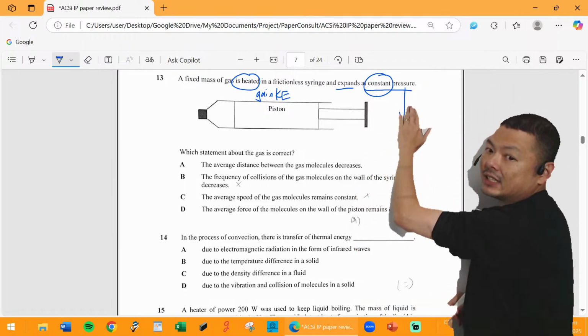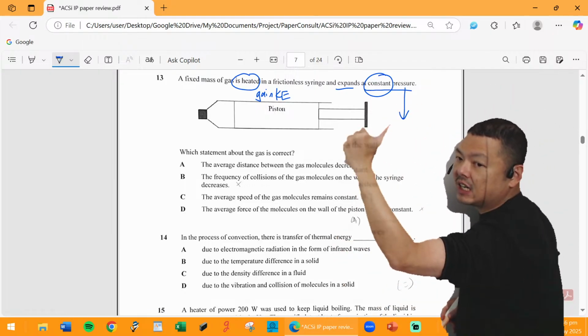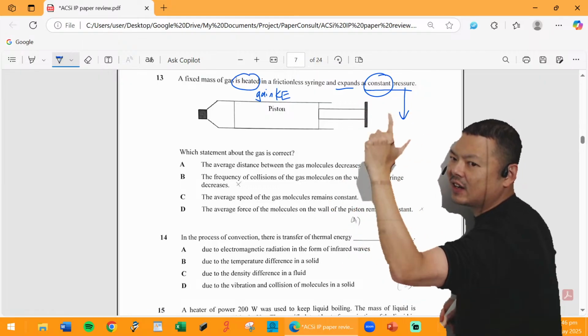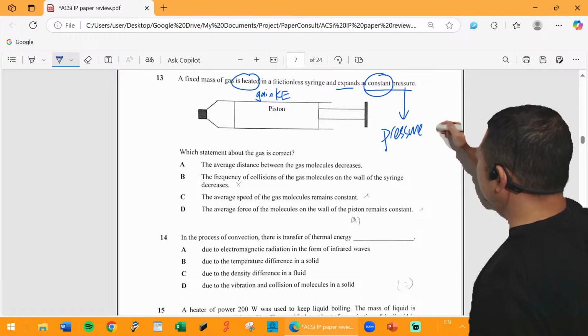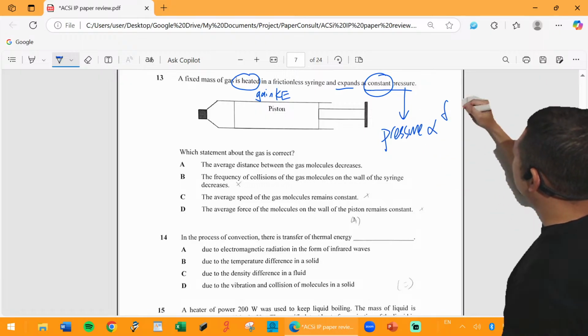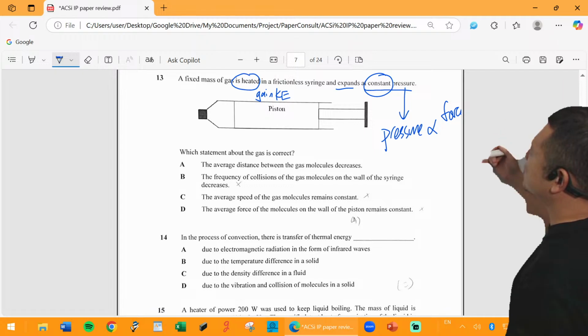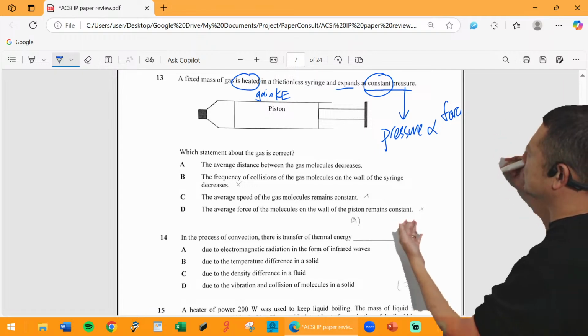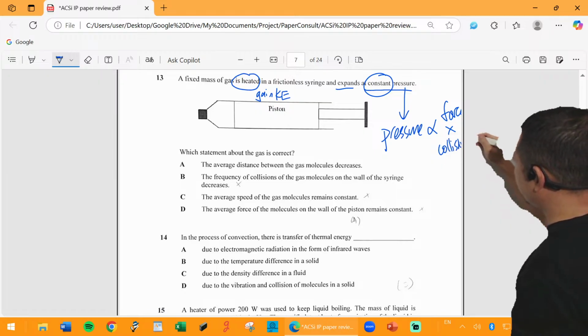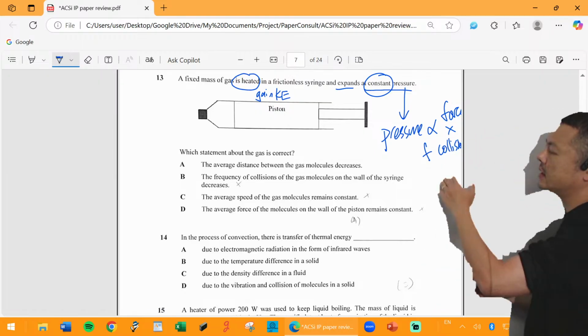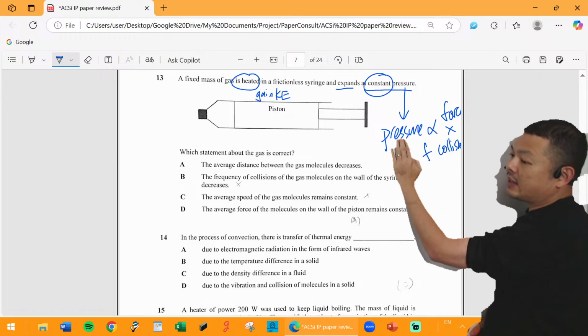Anyway, pressure is affected by the force of collisions and the frequency of collisions. Pressure is proportional to force multiplied by frequency of collision. You write it on your own.